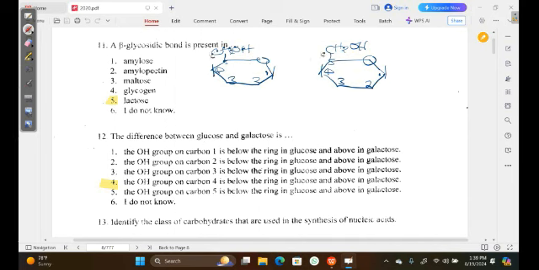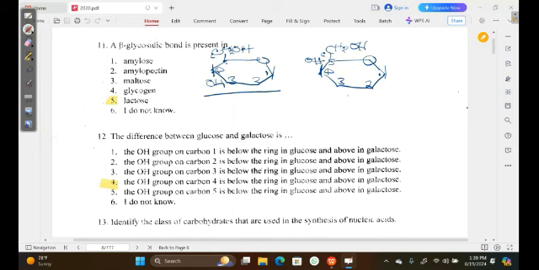So the difference is on carbon number 4, which is here. For glucose, our hydroxyl group will be down there, but for galactose, our hydroxyl group will be up there.